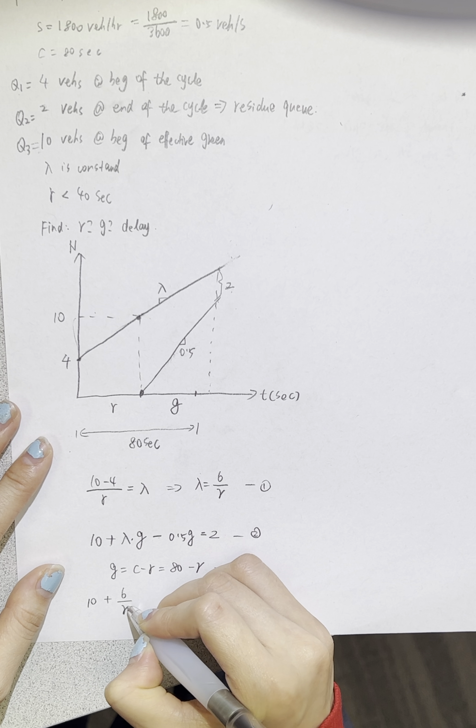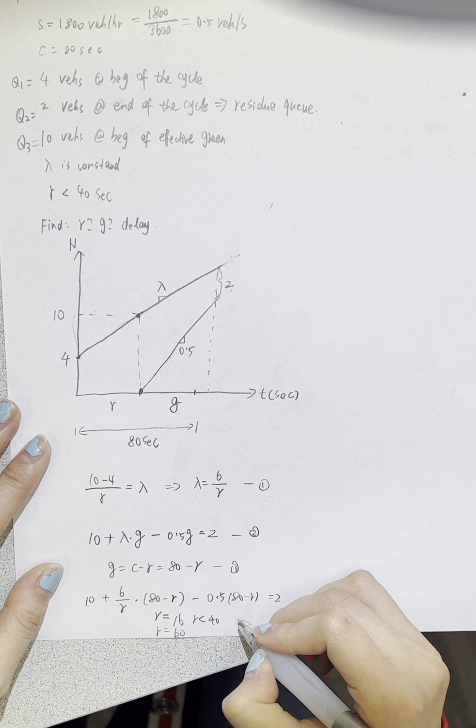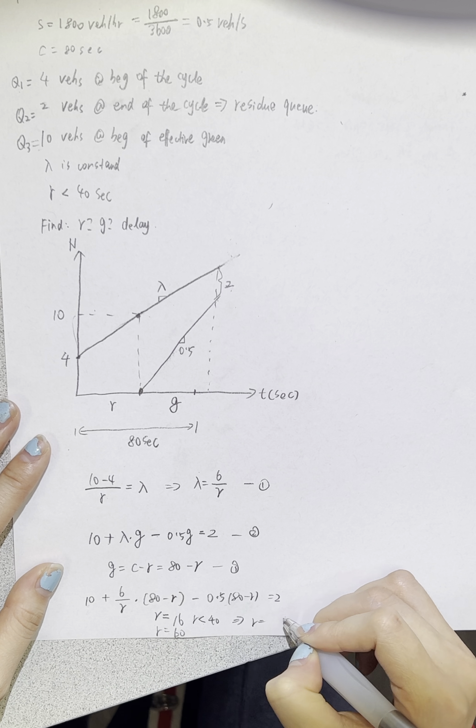If you solve this equation, we get two solutions: the first one is 16 and the next one is 60. We know that r is smaller than 40, so we choose r as 16 seconds. That's our effective red time. And the effective green time equals 80 minus 16, that's 64 seconds. So that's the first part.